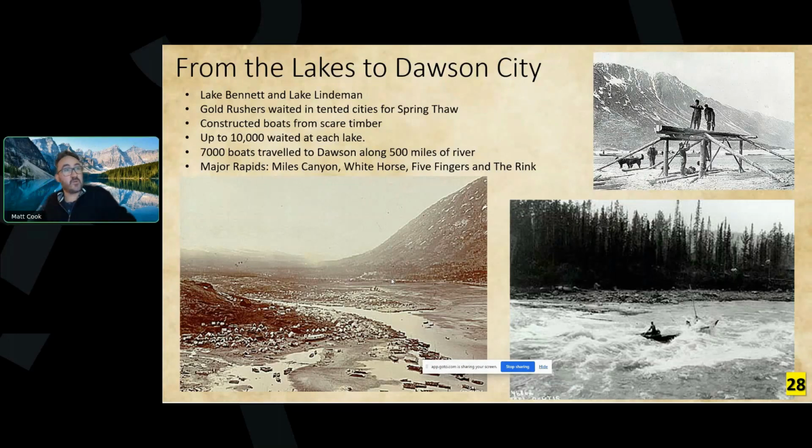There's lots of rapids on the way down to Dawson City that you'd have to navigate, and quite often these would be pretty treacherous, and boats would capsize. So quite often they would abandon the boat, walk along the side, push it down, and hope that it remained in one piece to retrieve at the other side.